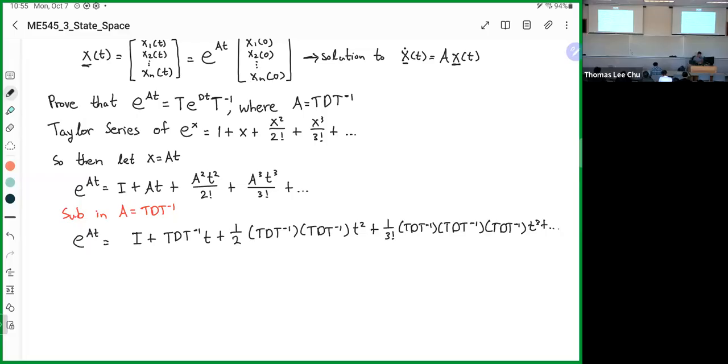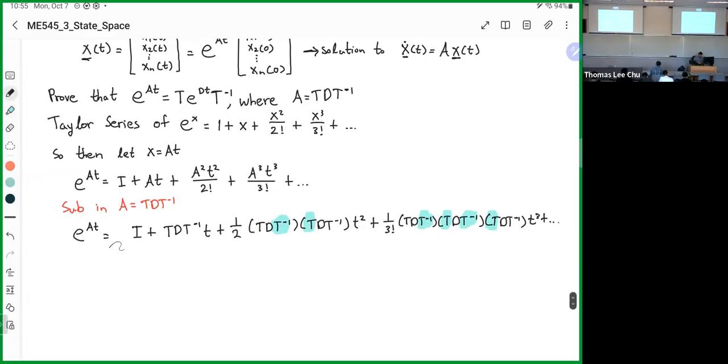So what's nice about this property is that you can see these in between t's and t inverses multiply out and become the identity matrix.